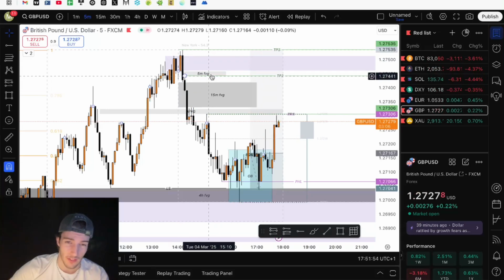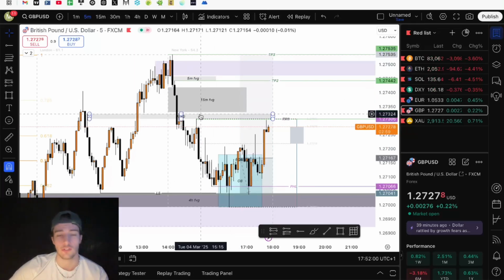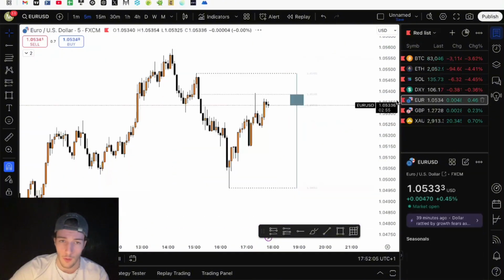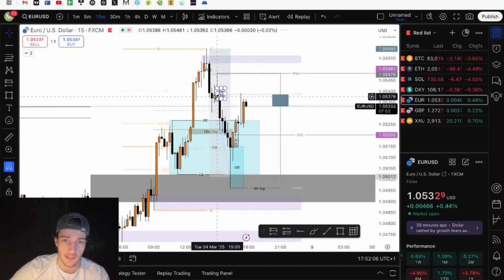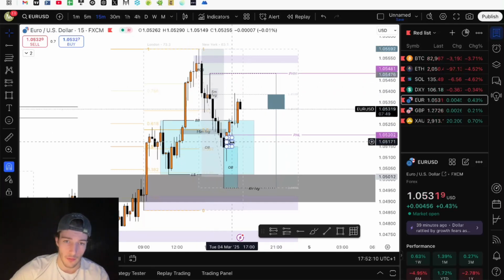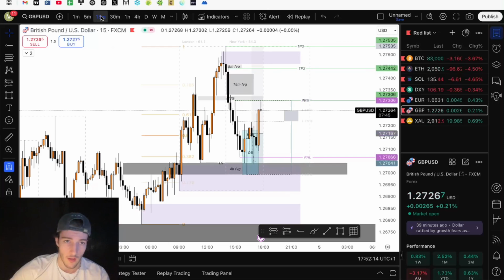Probably one of the signs could have been that GU was not strong at all during New York, so we haven't even tapped back into this 15-minute, while on GU we did. On euro we did multiple times, so a bit more bullish moves from euro during New York session.